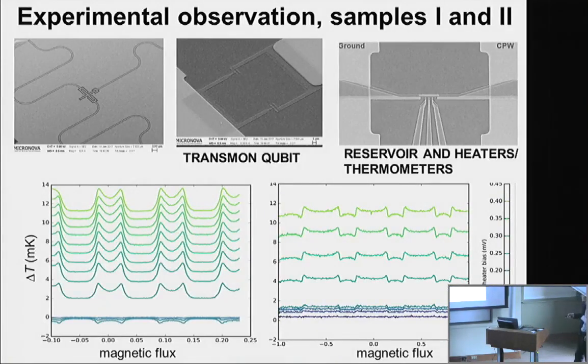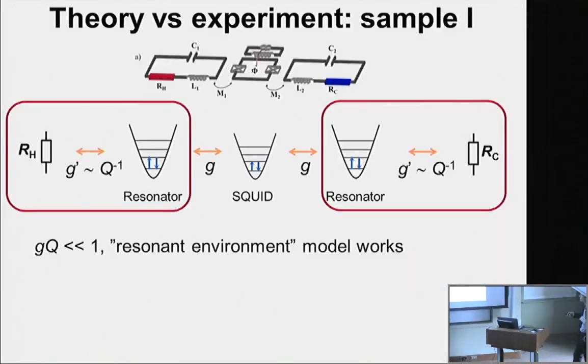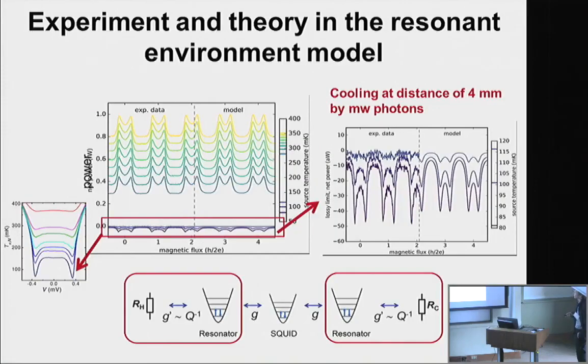In this first sample, indeed, we can assume that we have a qubit which is coupled weakly to this resonant environment here, and this is what produces the behavior that we see in the experiment. So this is a resonant environment model. So there's a quantum classical cut, or Heisenberg cut, which is between the qubit and the resonator.